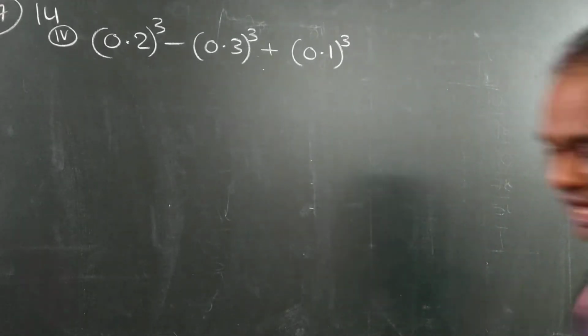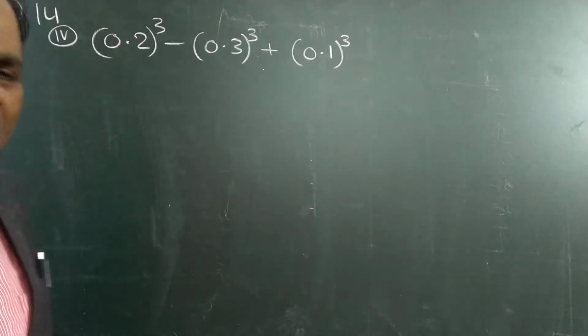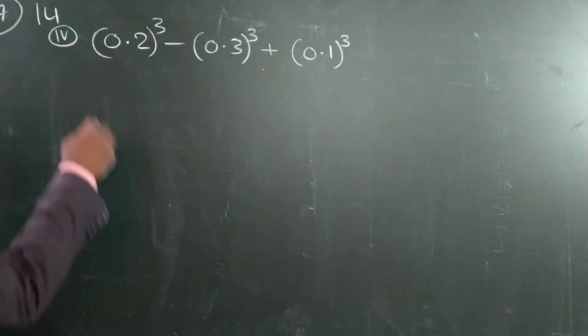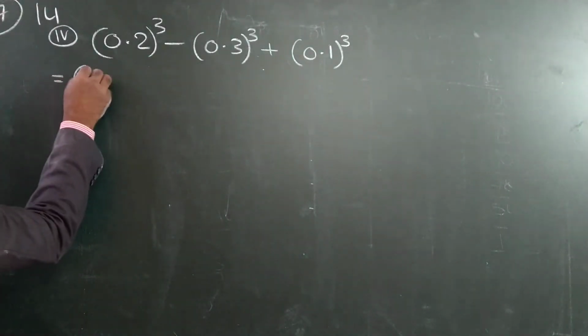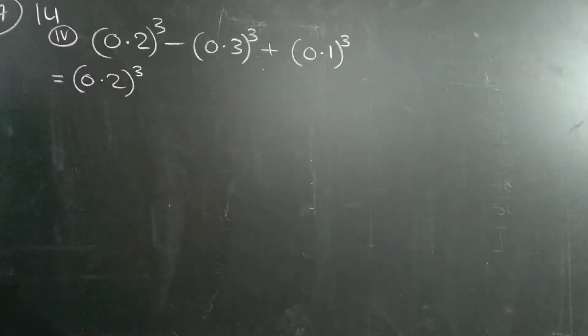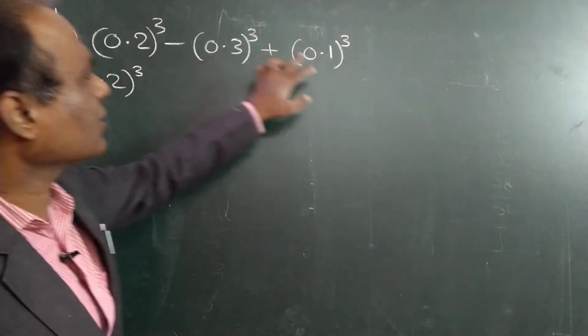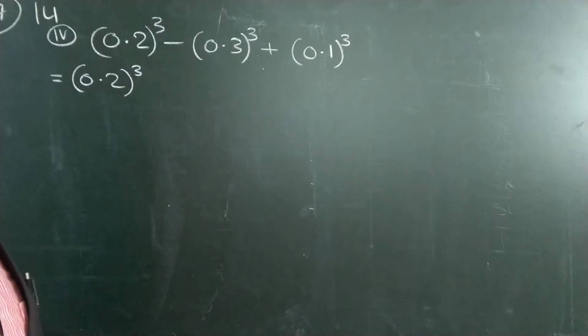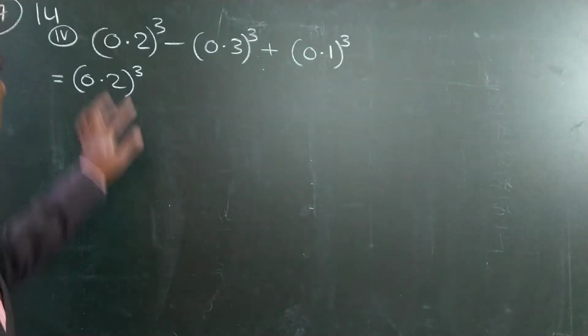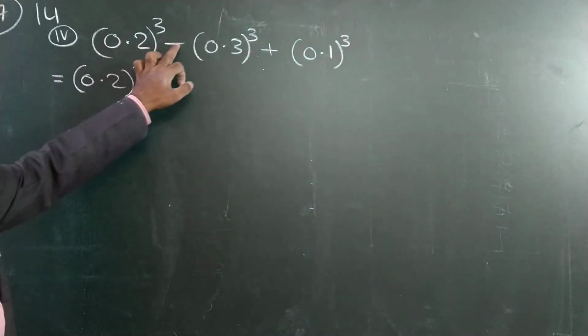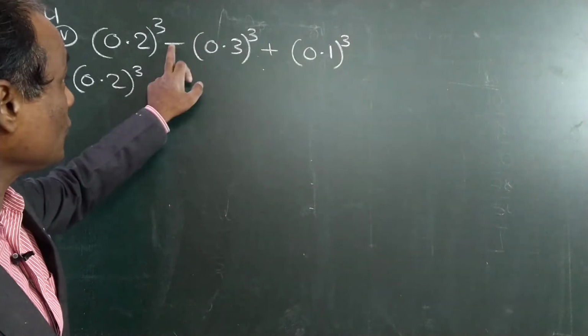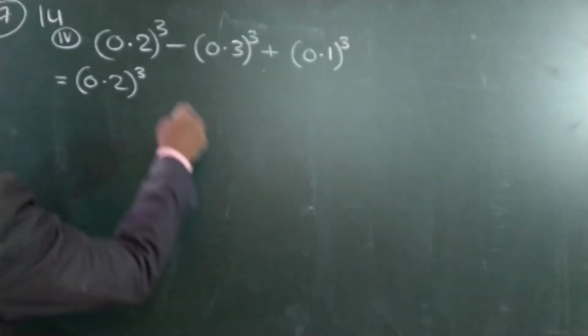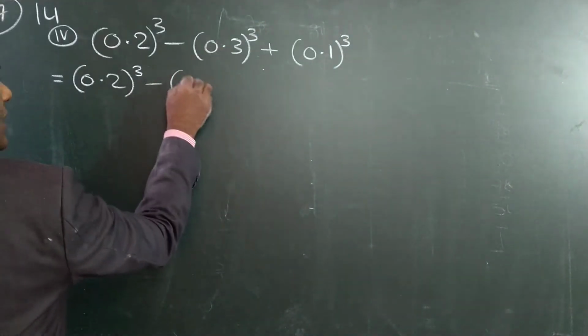Those who have completed, no problem, just look at it, and those who have not, see: you can change any one of these. It is better to change this one because there is a minus here. If you are changing this, you should be careful with the minus sign. See here, I am changing this only.